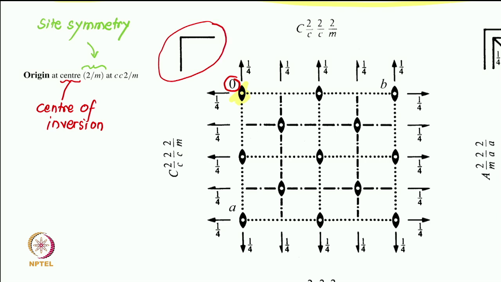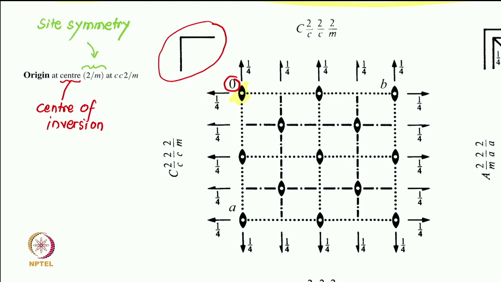If the two-fold is perpendicular to the plane, then the mirror itself will be parallel to the plane, and in this case it is coinciding with the plane, because no height is shown. No height shown means it is at 0 height, that means it is coinciding with the plane of projection. So, that is a two-fold axis with a perpendicular mirror plane.